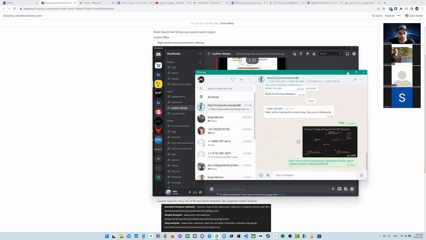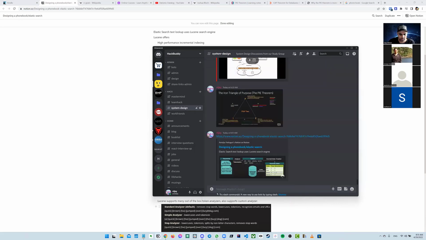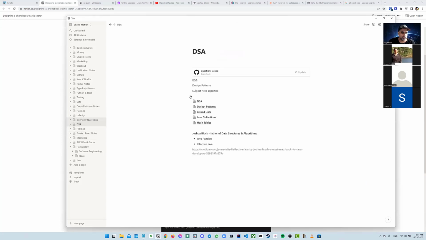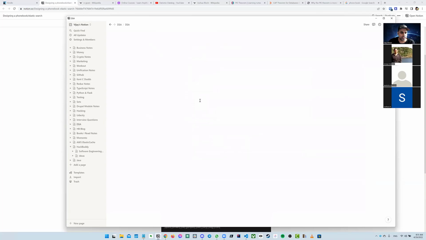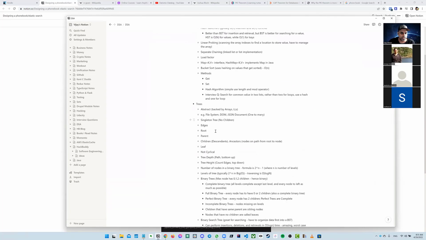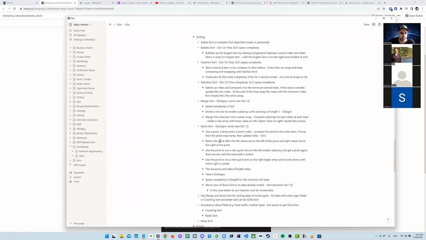I'll show you how I do my Notion, and then I have to really jump. I'll just do this real quick. For example, if I'm studying data structures and algorithms, I'll start off by making the main page, and then I'll have links to important parts of this topic. So for DSA, I'll say here: time complexity, essential data structures, and then algorithms.